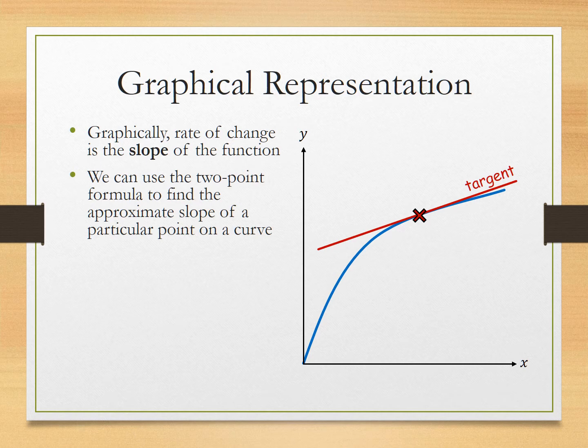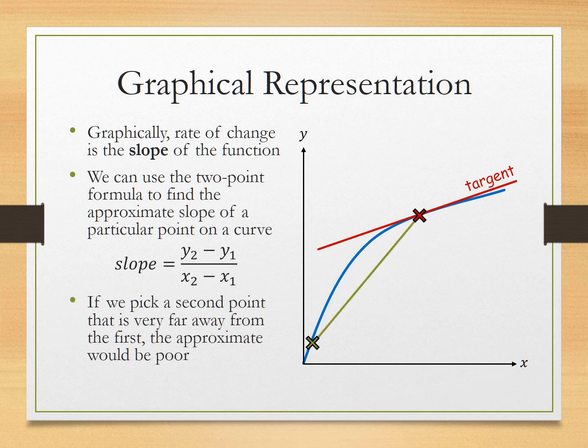To use the two-point formula, you have to pick a second point, because the two-point formula works as y2 minus y1 divided by x2 minus x1. So what point should you pick? Well, let's try picking a point that is a bit far away, the green point at the bottom left corner of the diagram.